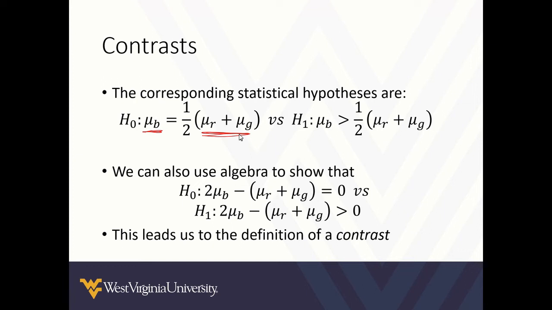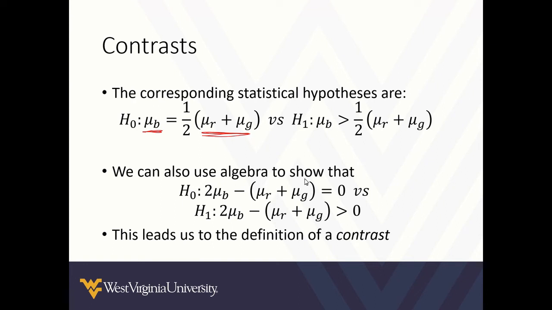And so our null hypothesis would assume they are the same, and seeing as we want to assess if changing the door color results in faster times, we'll say black time average is going to be greater than the red and green. And using algebra, we could also rewrite this to being 2 parts black to 1 part red and green.